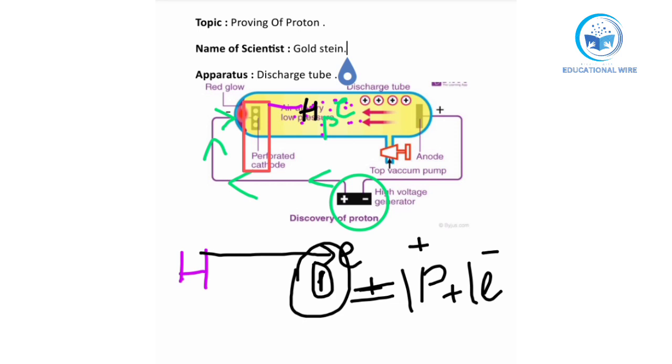As I told you day before yesterday, electrons have negative charge, so they move to the back of the anode and glow there. And these protons move through the holes of the perforated cathode and glow, as you can see.